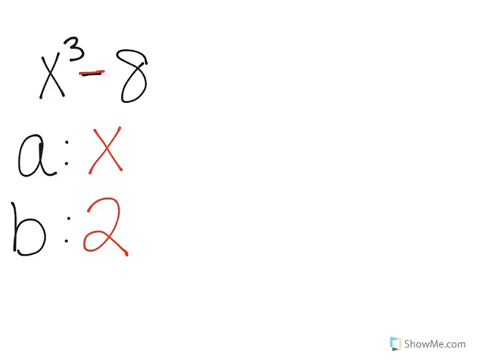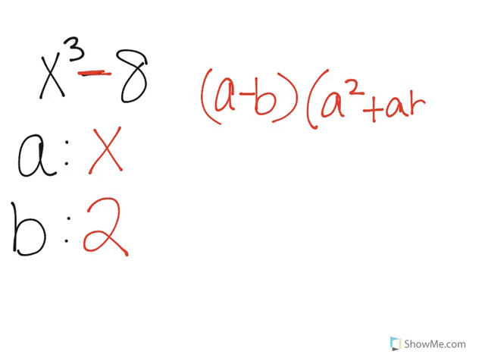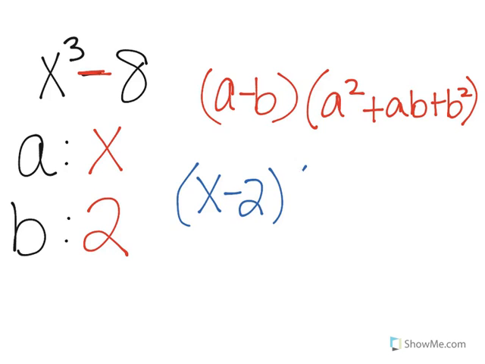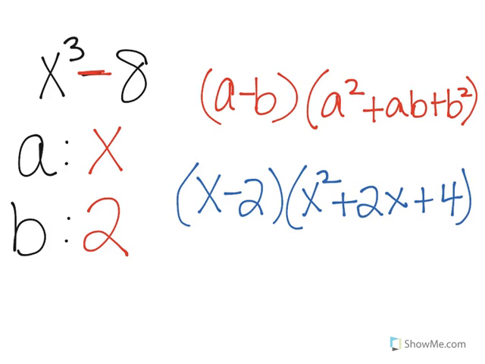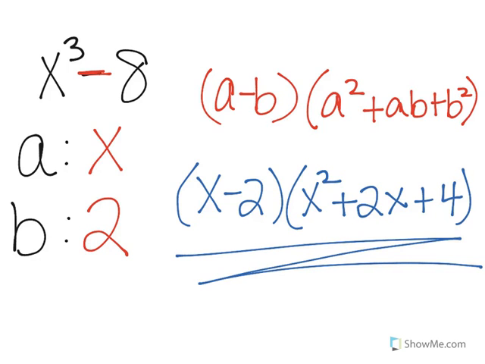Now, keep in mind that we have a minus in this problem, so we're going to use the one that says a minus b, a squared plus ab plus b squared. So I'm just going to go back and fill everything in. So x minus 2, x squared plus 2 times x plus 4. Final answer.